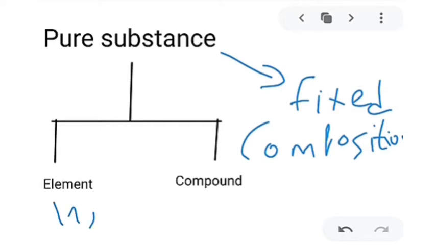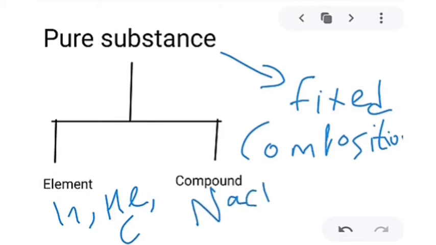If you take hydrogen, helium or carbon, in whatever country of the world you take it, everywhere the element remains the same. The same thing occurs with a compound. For example, if I take a compound, namely NaCl, then the structure of NaCl always remains the same.